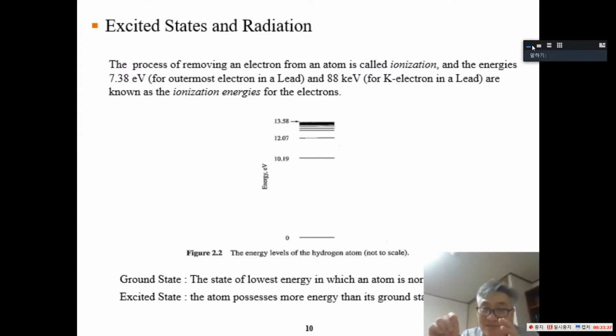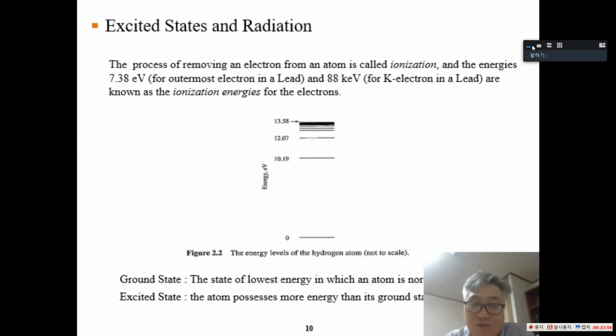So there are certain discrete orbits. Look at this. We have an orbital energy of 10.19, and we have 12.07. When the electron falls from 12.07 to 10.19, we have extra energy of 1.98.